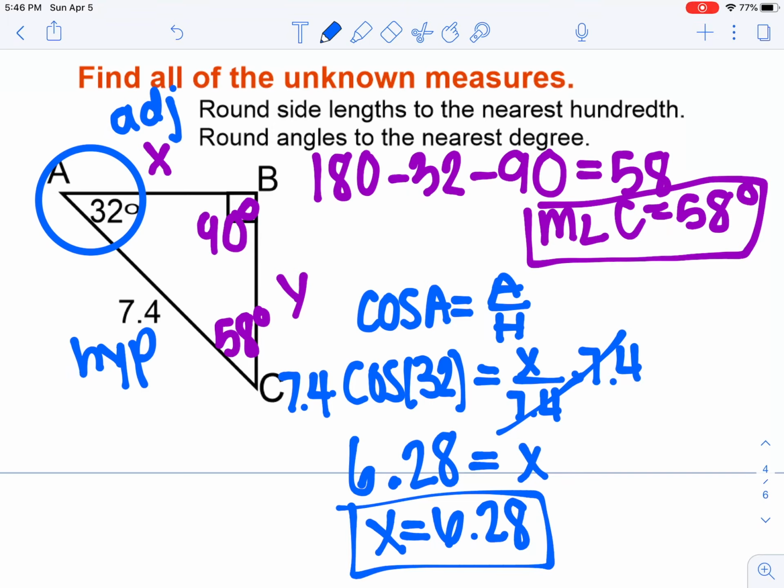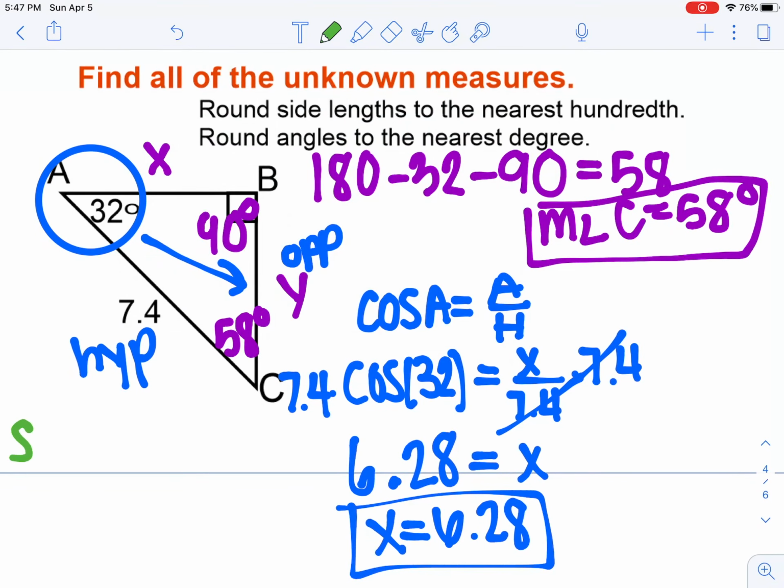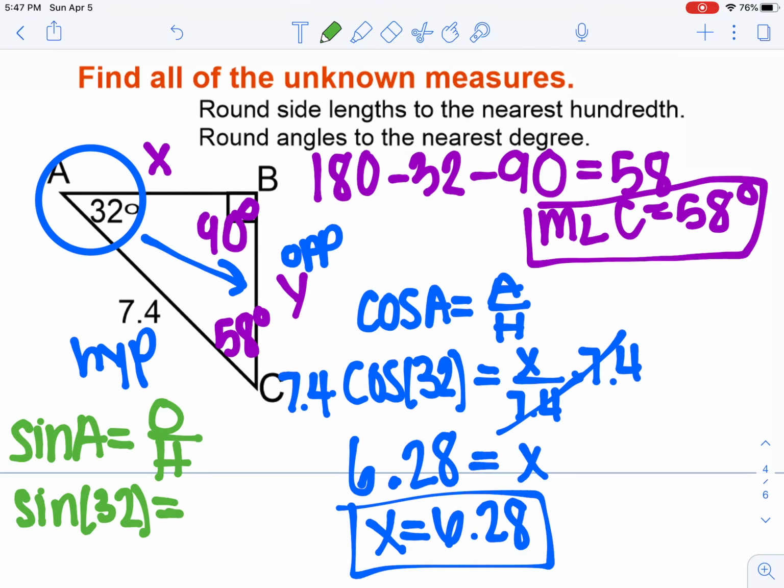Okay, lastly, we need to find side Y, or BC. So if we work with side Y, that is going to be opposite from angle A. So in this case, if we've got our opposite side and our hypotenuse, we would want to use the sine function. So I can say the sine of angle A equals our opposite side over our hypotenuse. Angle A is 32 degrees.